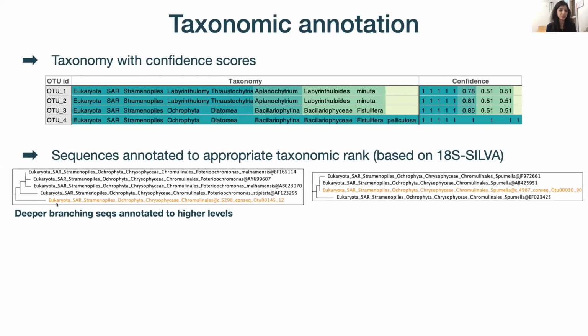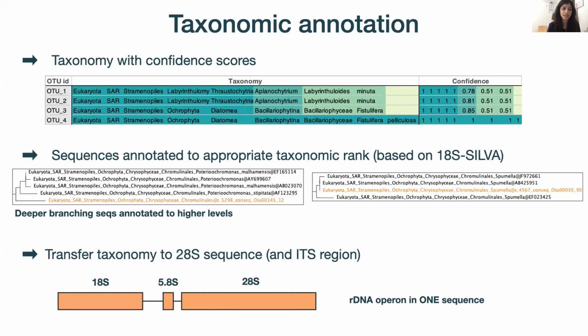And this means that we don't really need arbitrary similarity thresholds for deciding what level we should annotate to. So in this way, we're able to label the 18S part of the OTU. And because it's physically linked to the 28S molecule, we can transfer the annotation to the 28S gene as well.